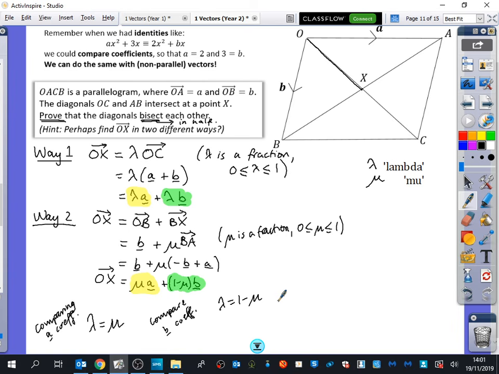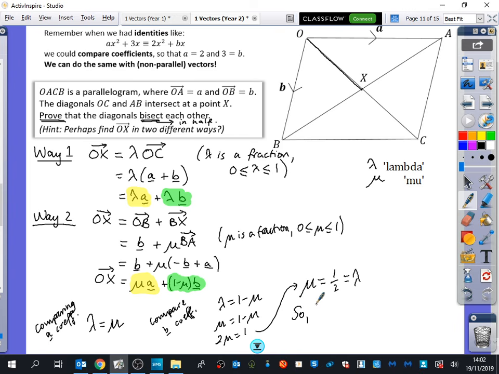So we can sub one of them in. Why don't I substitute that one as mu? Doesn't really matter. So I get mu equals 1 minus mu. 2 mu is 1. So mu is equal to a half, which we know is equal to lambda, because mu and lambda are the same as each other.